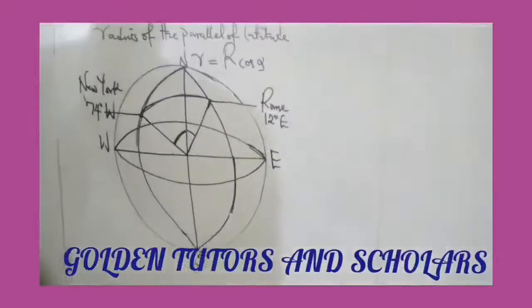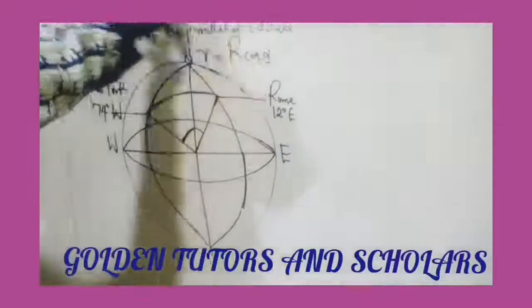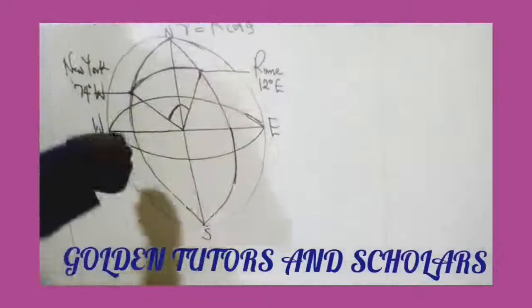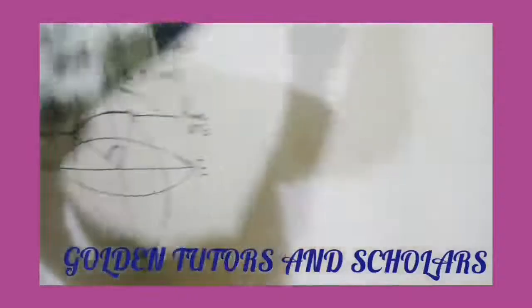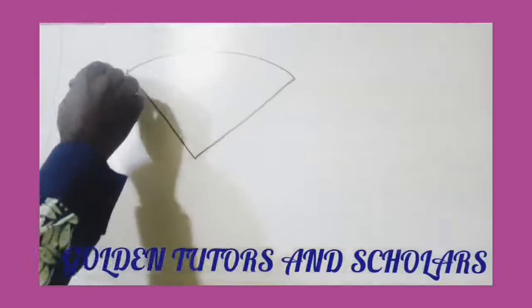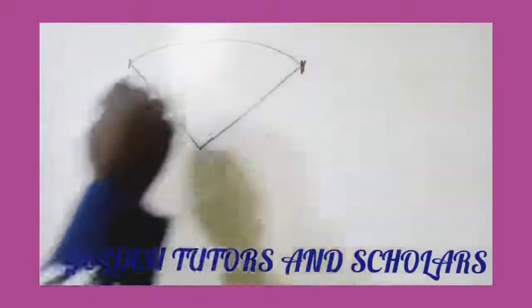We can now go ahead to calculate the distance between New York and Rome as it is given to us here. If we move over here, I can bring out this sector. Here we have New York, and this is where we have Rome.